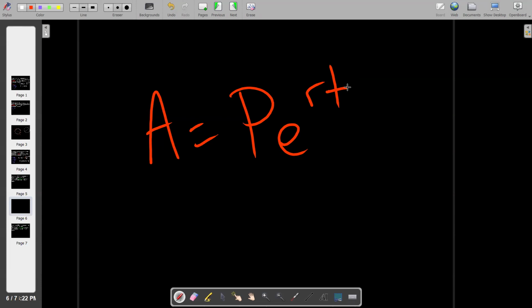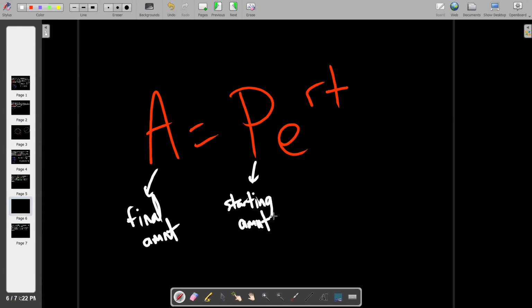The cast of characters is still exactly what you think they are. A is still the final amount, just like it always will be. P is still the starting amount. Like that's not any different, right? E is, what does E represent? Right, it's not a variable, and I wasn't messing with you earlier when I said that. E is a number, so we don't think about what am I going to put in place of E? E's not waiting for any input from you. E is a number represented by a letter, I know.